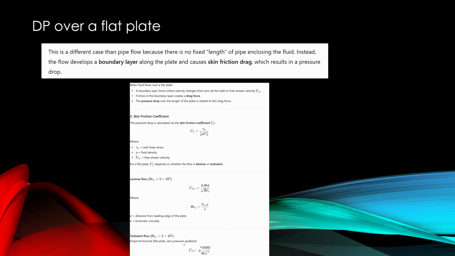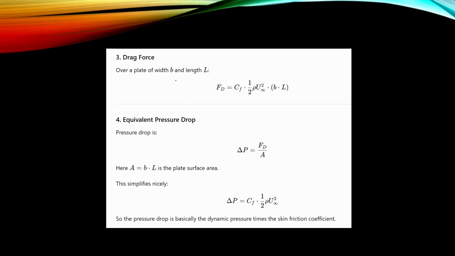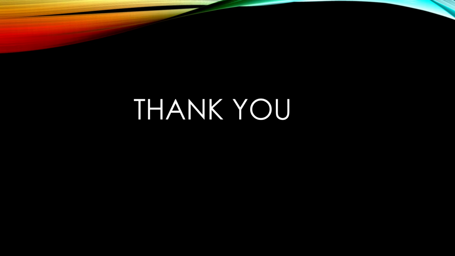For turbulent flow you see a function here, and you can calculate a drag force, which is a function of a skin friction coefficient times this dynamic pressure times the surface area. But if you want pressure drop, it's simply this skin friction coefficient times this dynamic pressure.